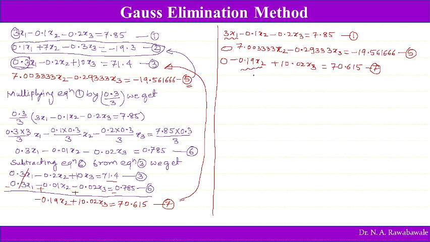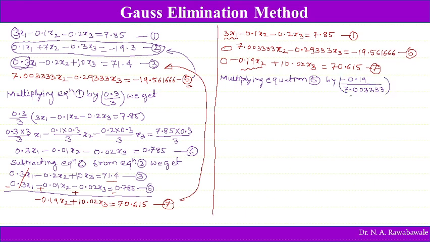So multiplying equation number 5 by minus 0.19 divided by 7.003333.